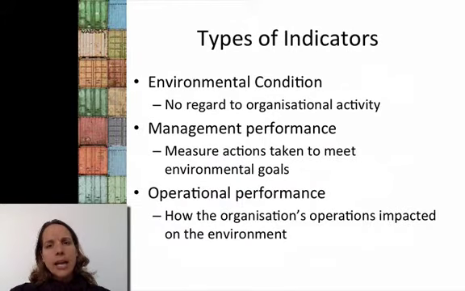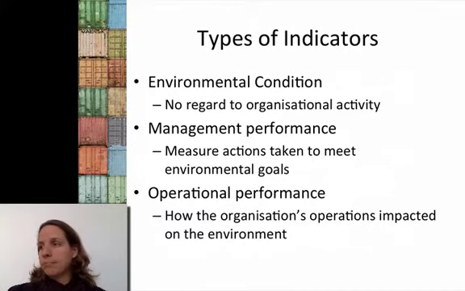There are also three other types of indicators. This again comes from one of your readings. Environmental concern, which, as I said before, has no regard to the organisational activity. Management performance, which are the measures that management take to meet environmental goals, so it might be the number of initiatives going on within the organisation. And then operational performance: how do the organisation's operations impact on the environment?